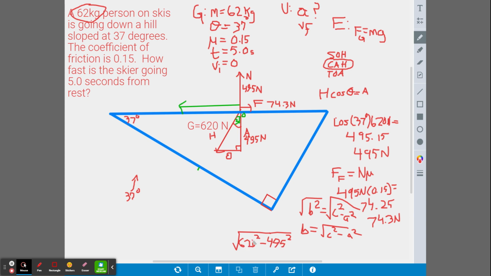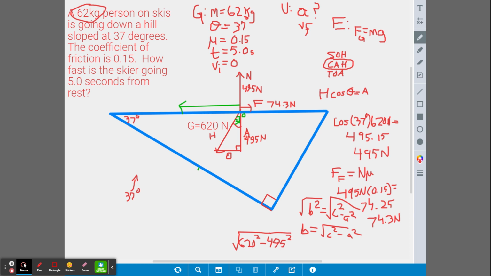It's important that you square it because we're squaring two numbers. So now I'm just going to punch that into a calculator. Square root of 620 squared minus 495 squared. You got to square them and then find the square root.